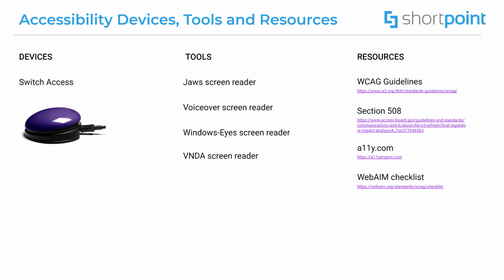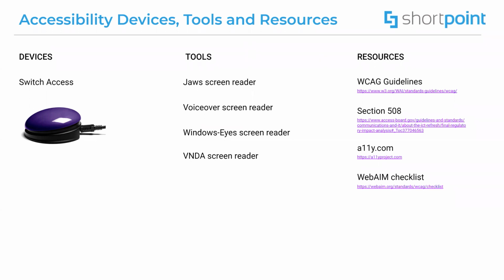In the tools aspect, the most common are the screen readers. These are very useful not just to people with disability. This is useful to people without disability, for example, if you want to listen to a very long article rather than reading it yourself. And for people with disability, using screen readers is also very useful for testing.